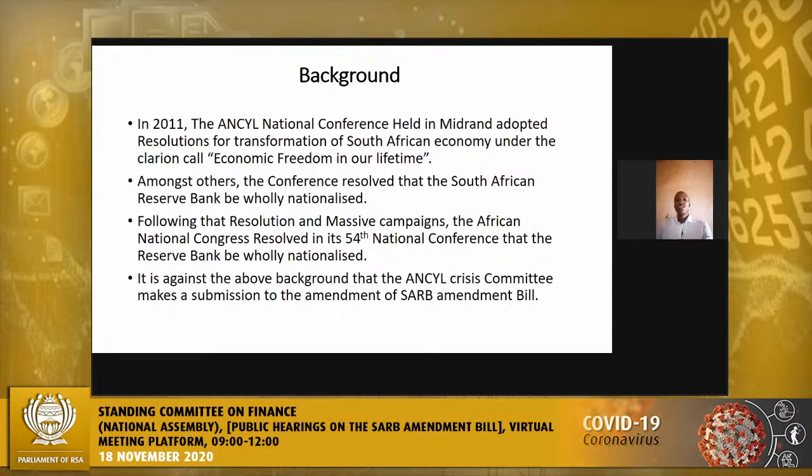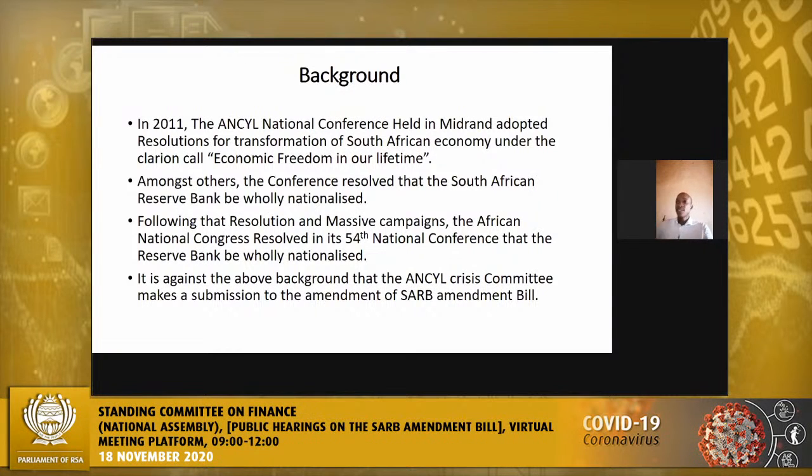And we got Switzerland and others. But the trend is that central banks are wholly owned by the state, in the similar manner that the National Defense Force, National Intelligence Agency services, and all other agencies and parastatals that protect the welfare and well-being of our people are owned by the state. So we see that as a serious anomaly.